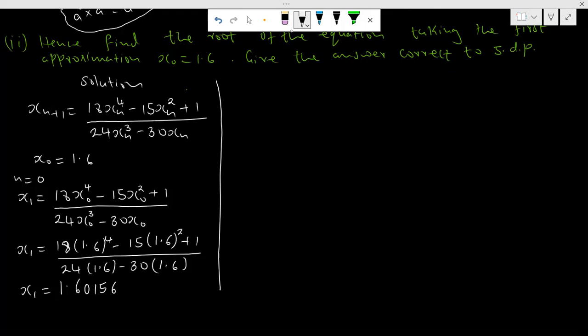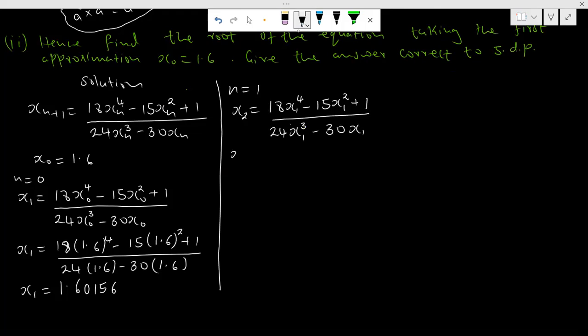For x2, n is equal to 1, so x2 will be equal to, using the same formula, 18 x1 raised to the power 4 minus 15 x1 squared plus 1, all over 24 x1 cubed minus 30 x1.